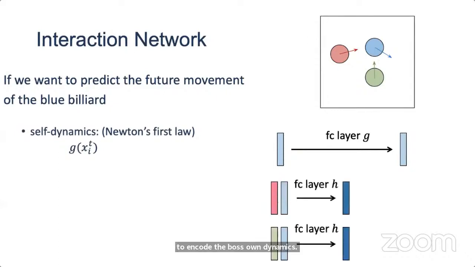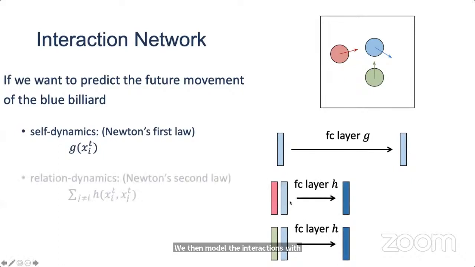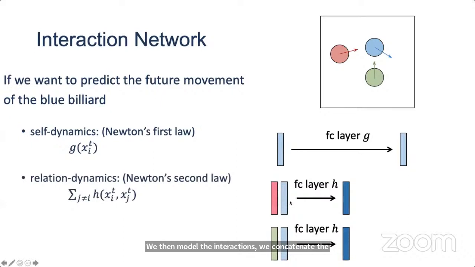We then model the interactions. We concatenate the feature of the blue ball and all the other balls, including the red one and the green one. After concatenating each two features, we forward the concatenated feature into an FC layer to encode their interaction feature.